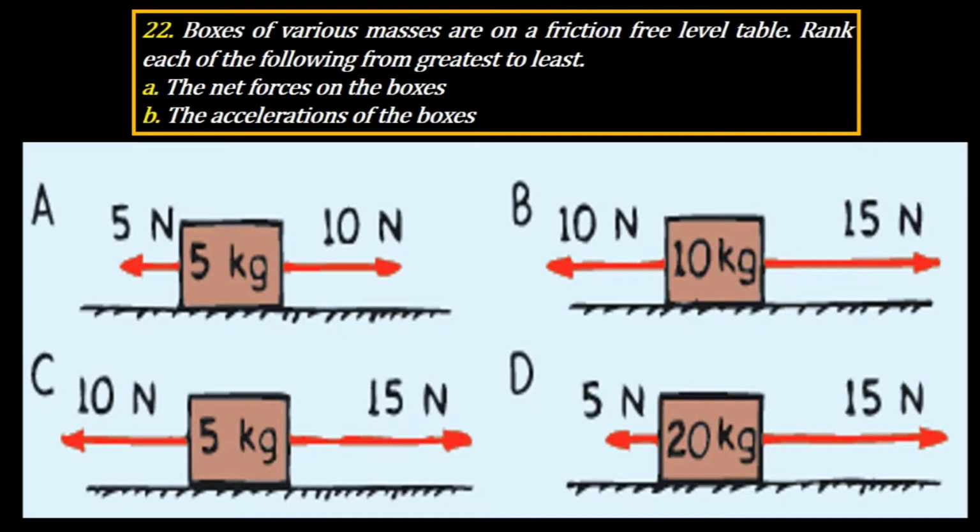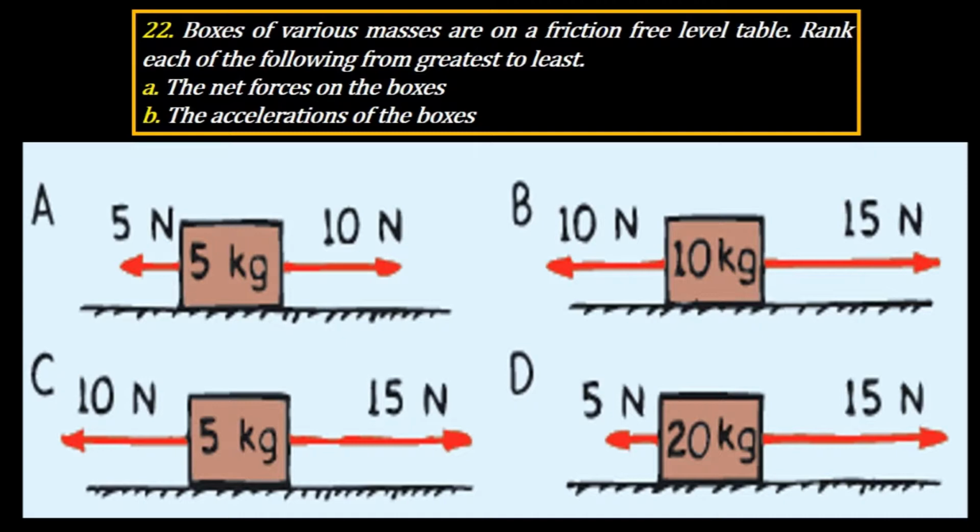Okay, boxes of various masses are on a friction-free level table. Rank each of the following from greatest to least: the net forces on the boxes. All right, so the net force in A would be 5 to the right, B would be 5 to the right, C would be 5 to the right, and D would be 10 to the right.